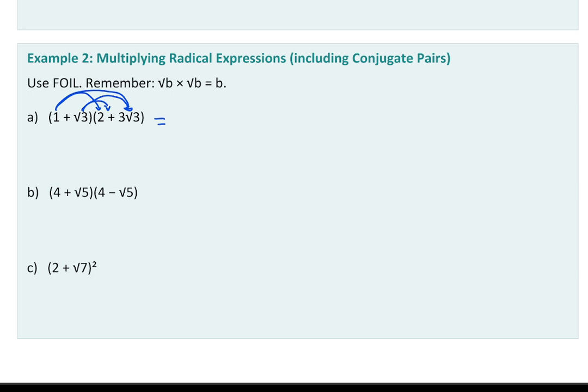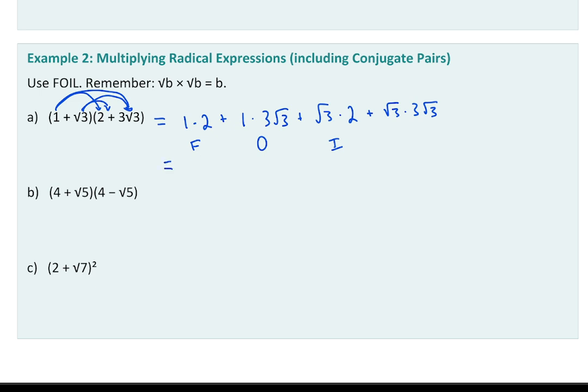So that gives us 1 times 2 for our first, plus outer is 1 times 3 root 3. That's our outer. Our inner is root 3 times 2. And our last is root 3 times 3 root 3.